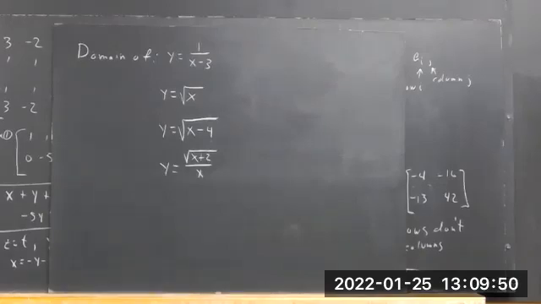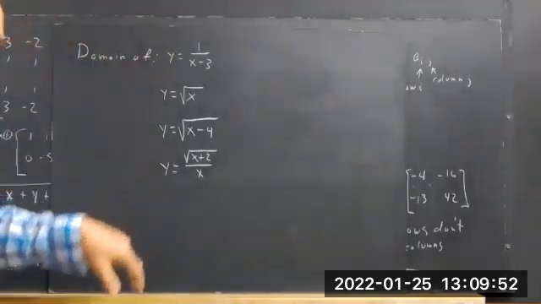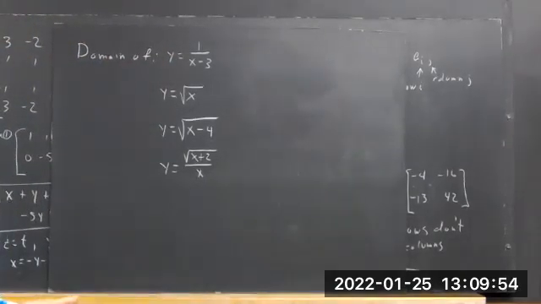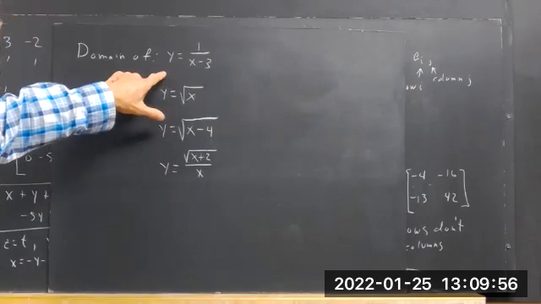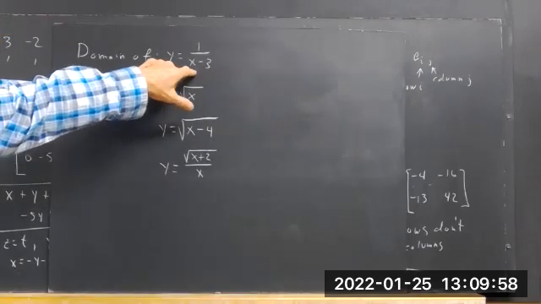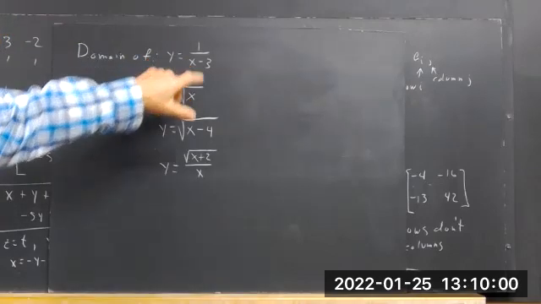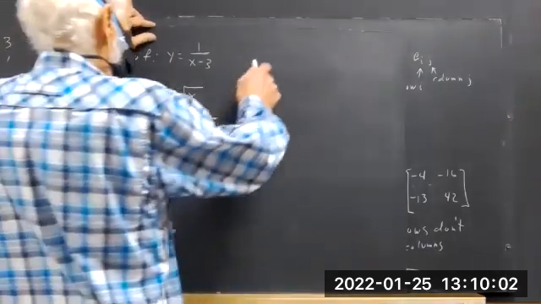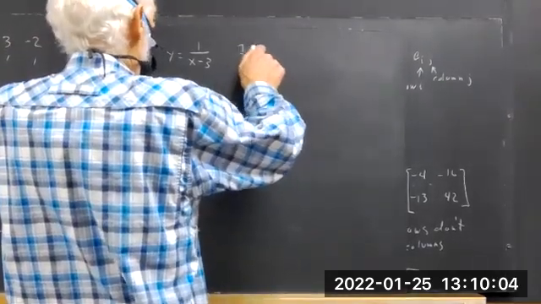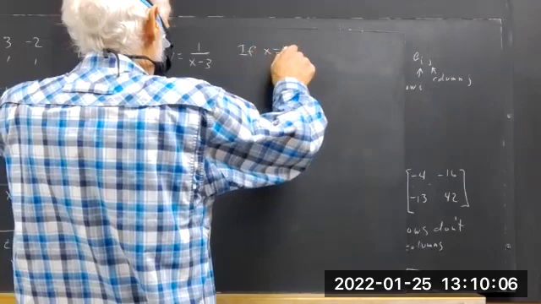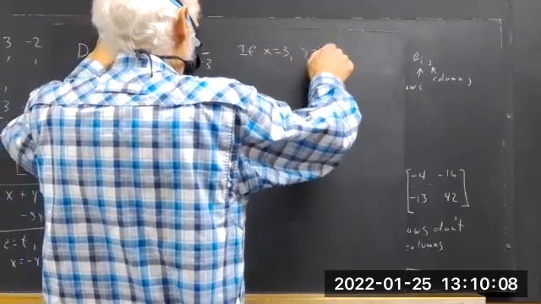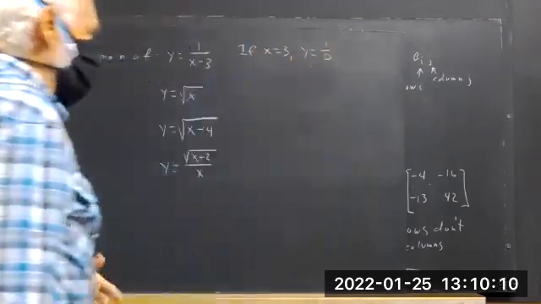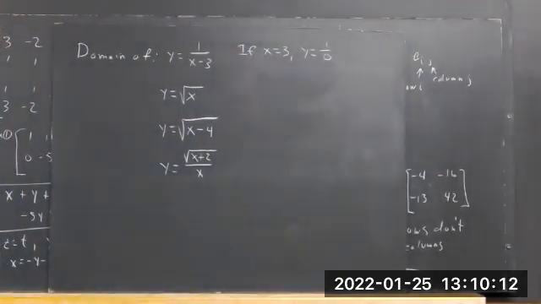Okay, so you want to look at the idea of domain. You've got y equals 1 over x minus 3. Well, if x is 3, y is 1 over 0.